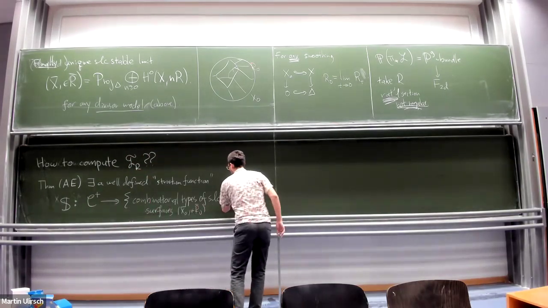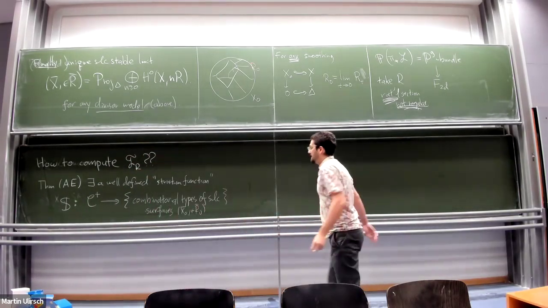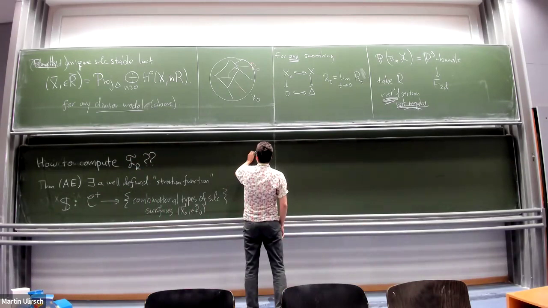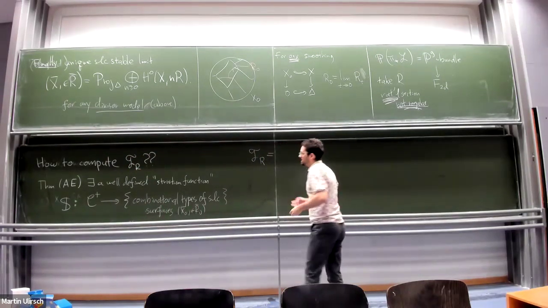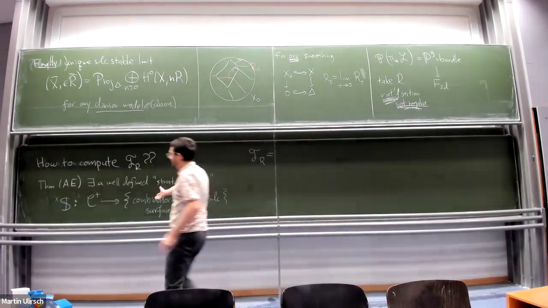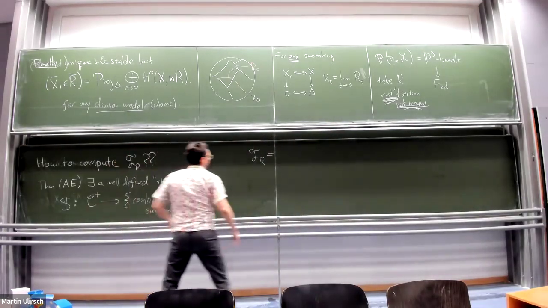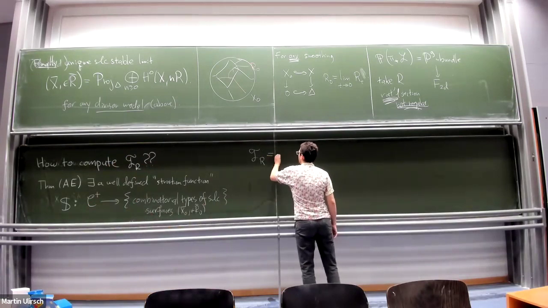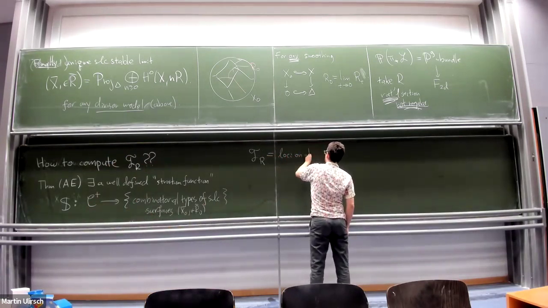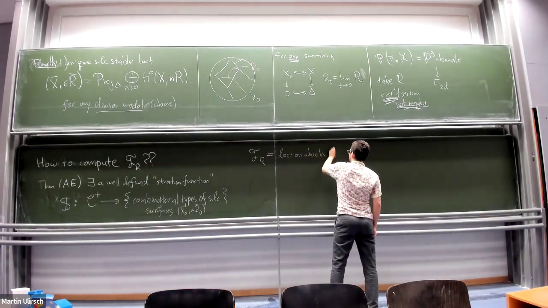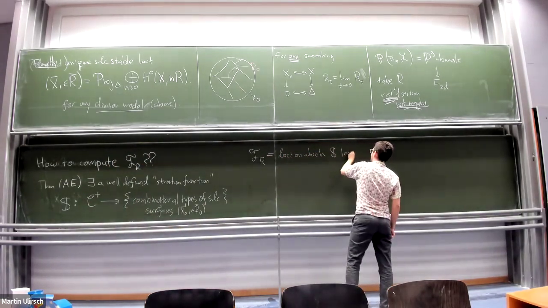And the fan F_R is the locus on which this function is locally constant.